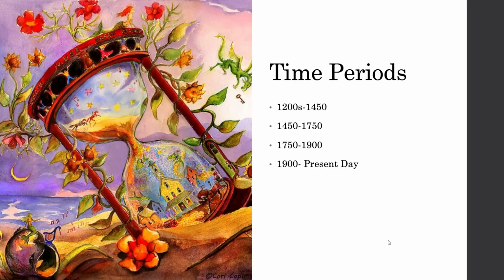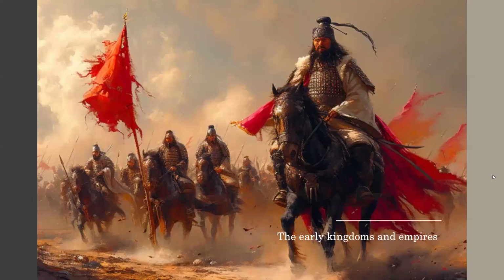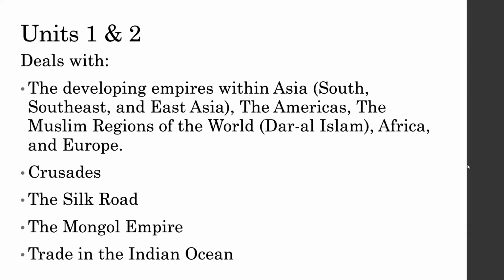Without further ado, let's get into the first time period, which is 1200 to 1450, the early kingdoms and empires. This time period takes up units 1 and 2, and this will deal with the emerging empires and nation states around at the time. For example, there's the empires in Asia, such as the rise of the dynasties in China and the rise of Korea and Vietnam.